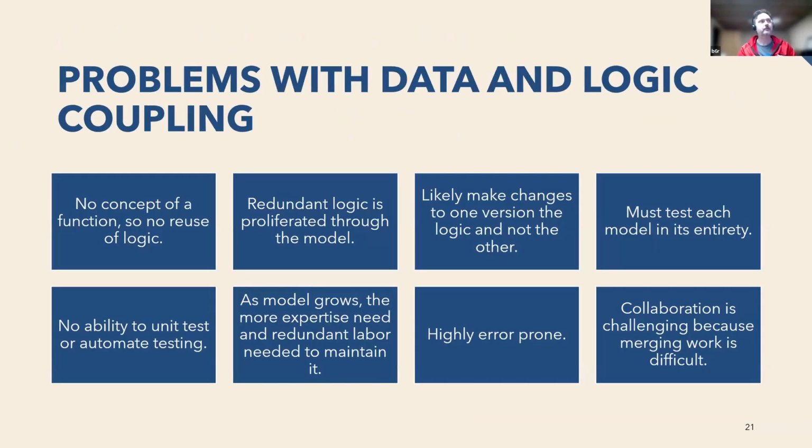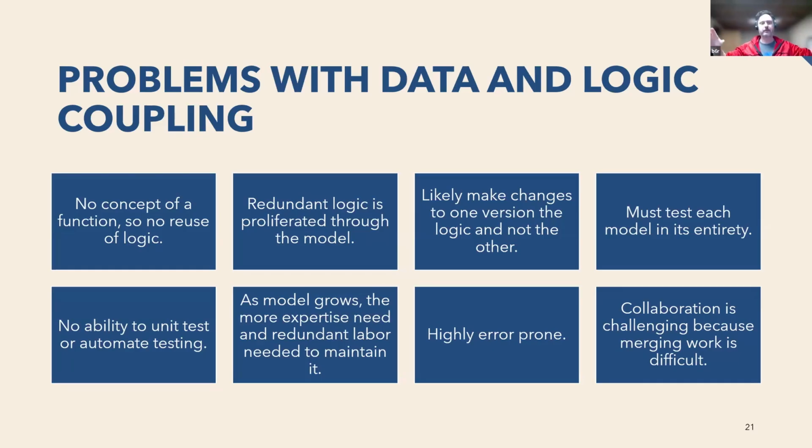Okay, so the problems that leads to are, if you have no concept of function, you can't reuse logic, and then you have redundant logic proliferated throughout the model. That automatically increases the complexity and the difficulty of governance. And if you go to change one, you're likely not to change the other.